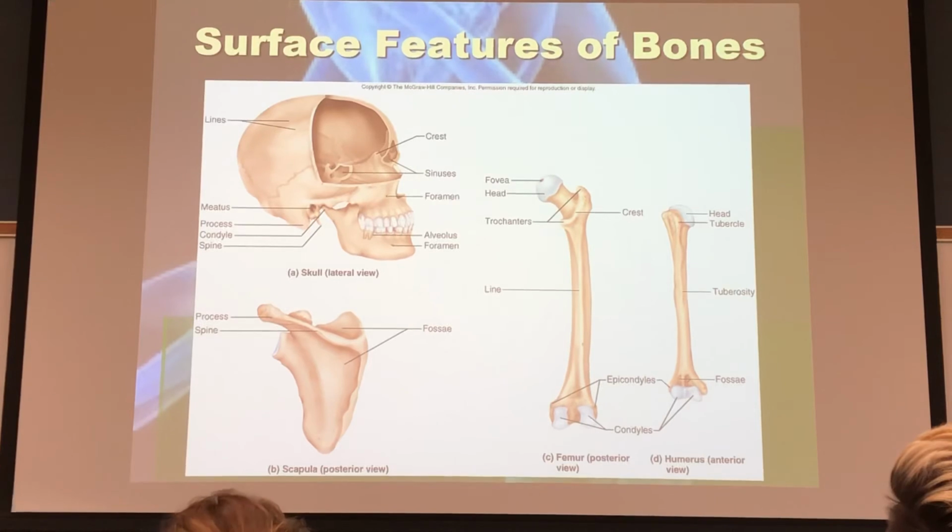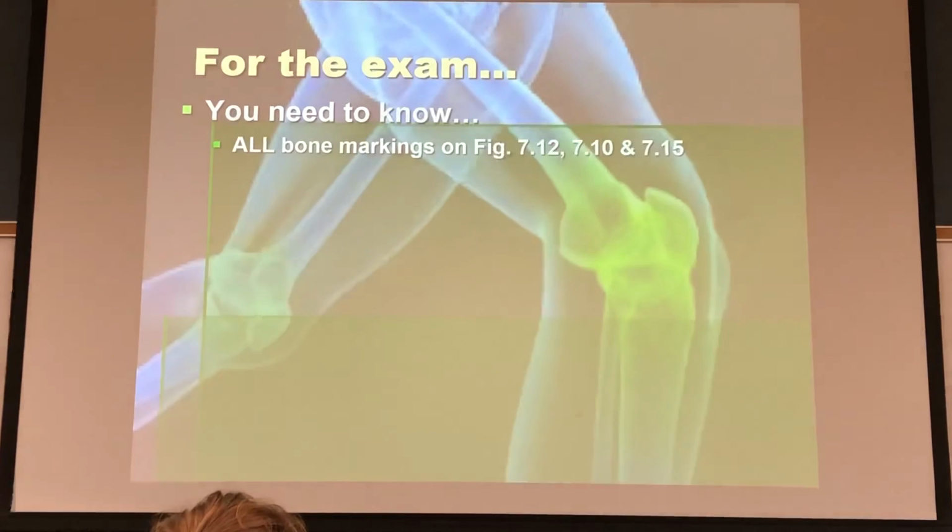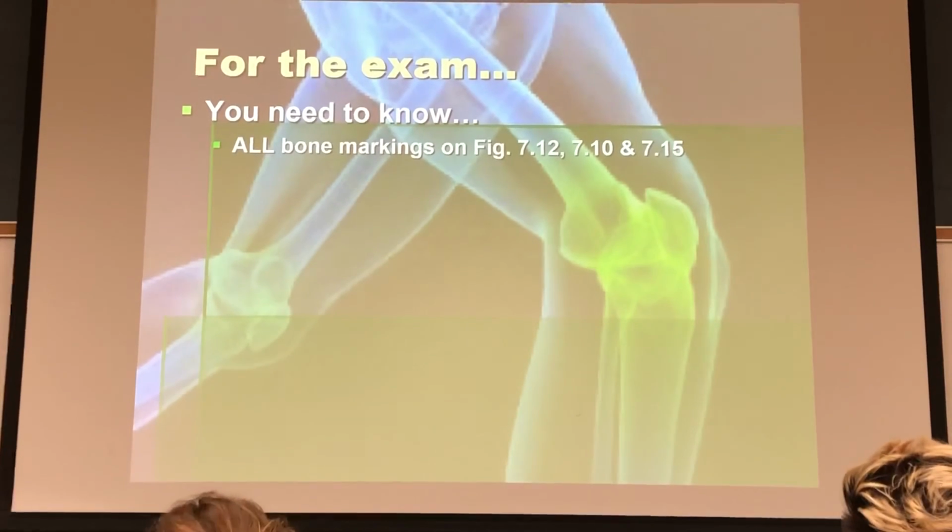But you don't have to know the markings for these bones for the lecture test. So what I think I'm gonna do is I'm gonna pick some bones, like four total out of 200. And I want you to know the bone markings on each one of these bones.